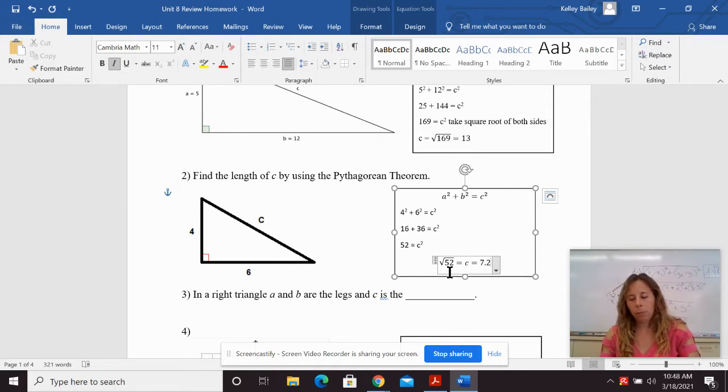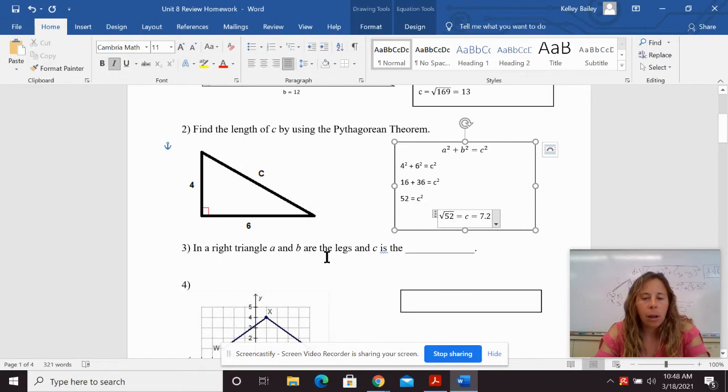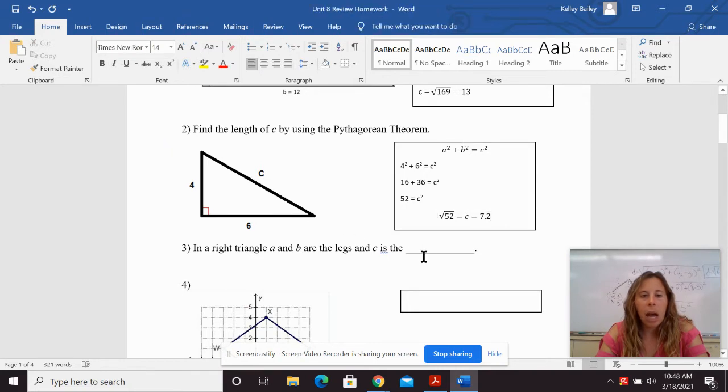Moving on to the next. In a right triangle, a and b are the legs, and c is the hypotenuse. You need to remember this word: hypotenuse. c is the hypotenuse. It is your longest side.